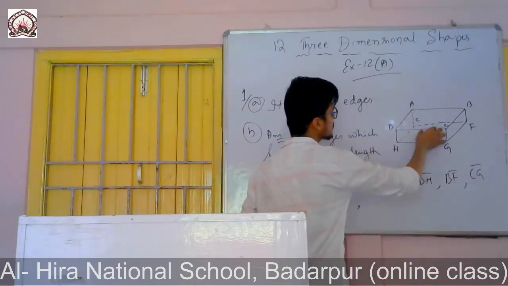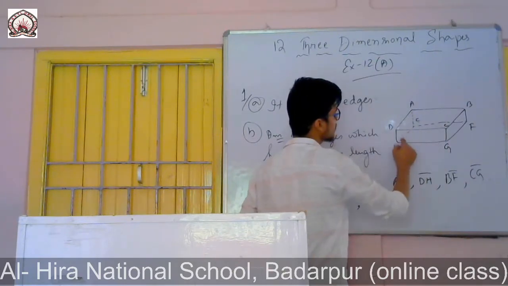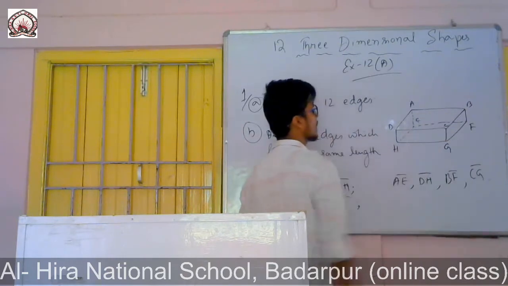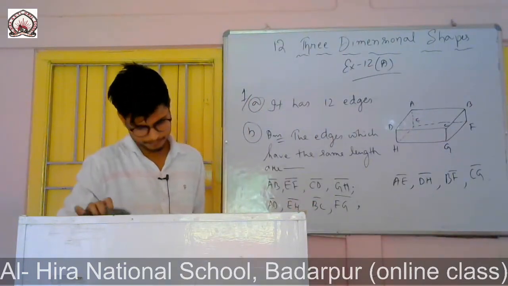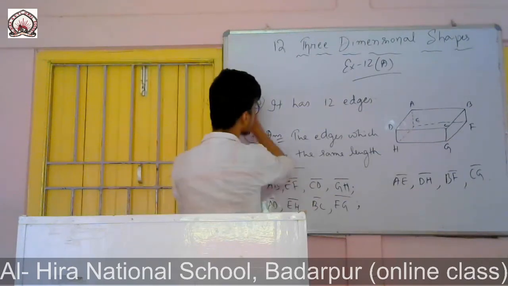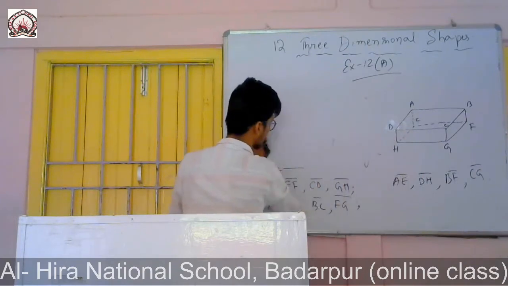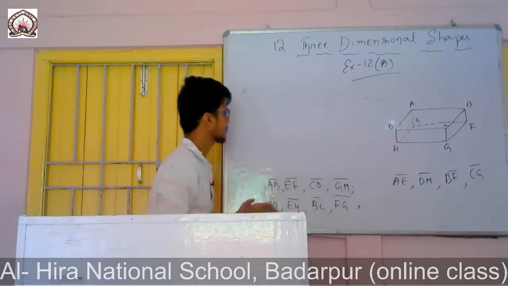Then again with this side, ABCD and CDGH. So like this you will find one by one all. Skip this one. By seeing this one you can write easily.